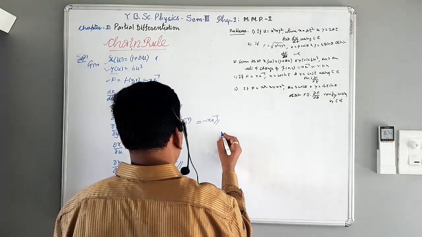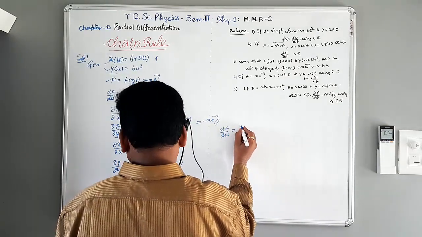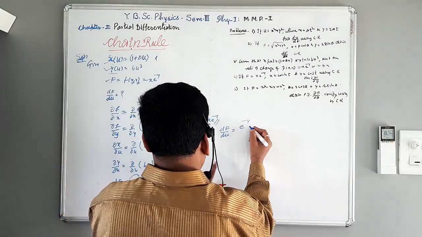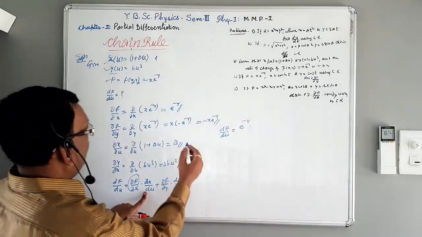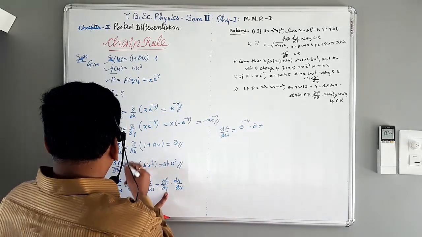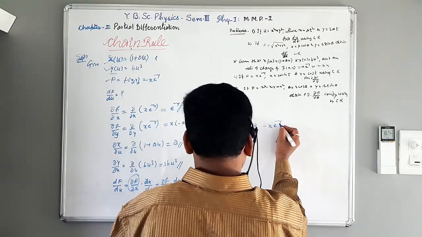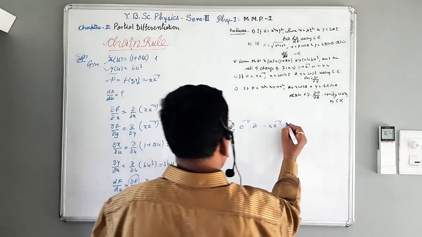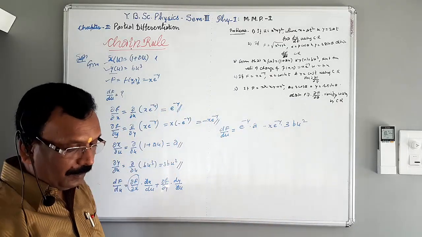We have df by du is equal to value of this term df by dx is e raised to minus y into value of second term. This term is a plus value of this term is minus x e raised to minus y into value of this term, last term, that is 3b u square.